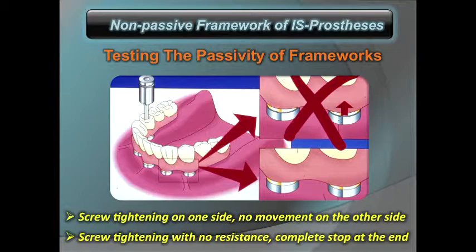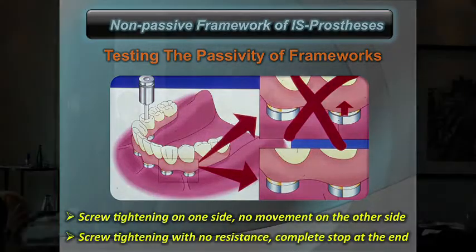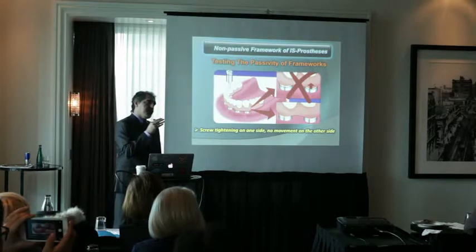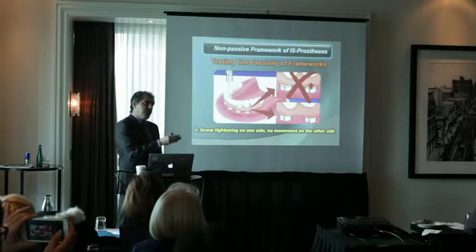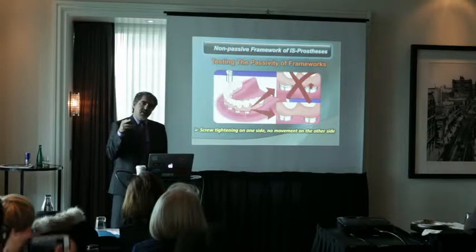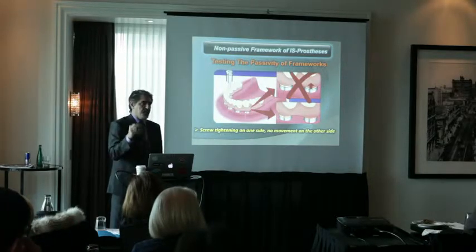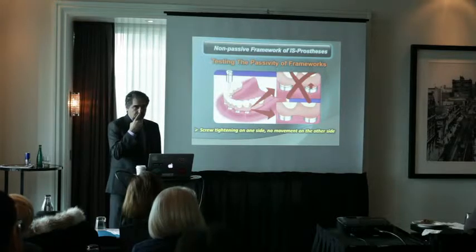So whenever you have a long span screw-retained prosthesis, make sure that you place the first screw on one side, and then touch the other side to see if there is any movement or not. There should not be any movement, even with one screw.